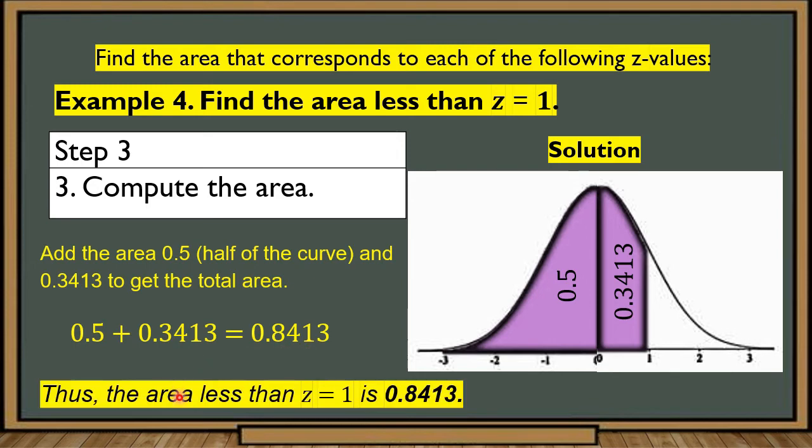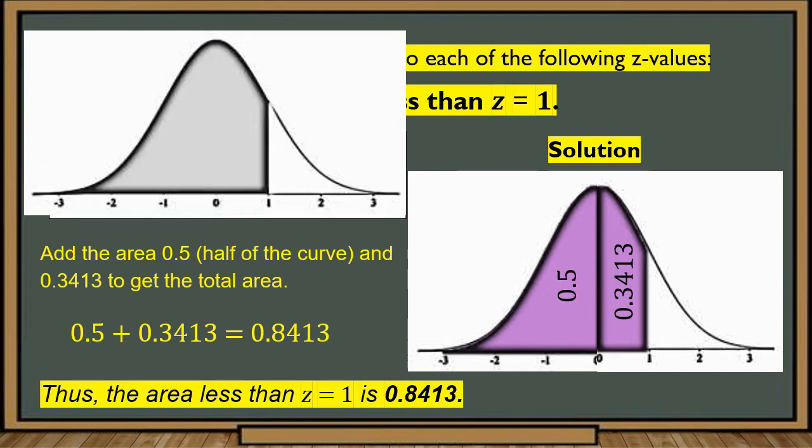Therefore, the area less than z equals 1 is 8,413. That is its width. It is approximately equal to 84.13% also. This is the area covered by z less than 1.